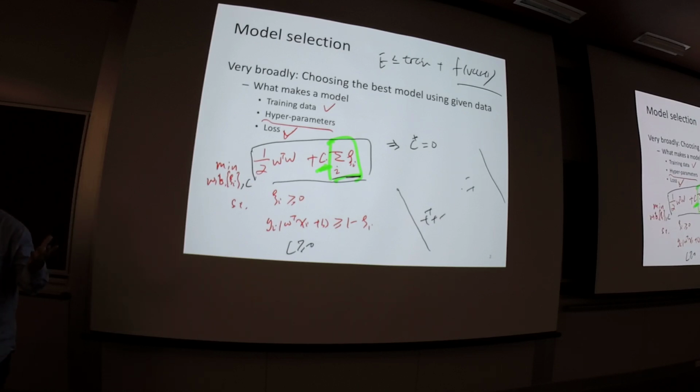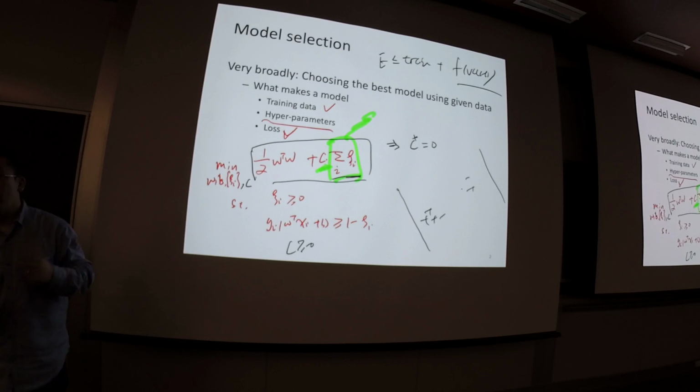Meaning this trade-off just disappears. That doesn't make sense. Another problem is how can we choose the best C? Obviously we cannot directly optimize the hyperparameters just like the vanilla model parameters. How can we do that?